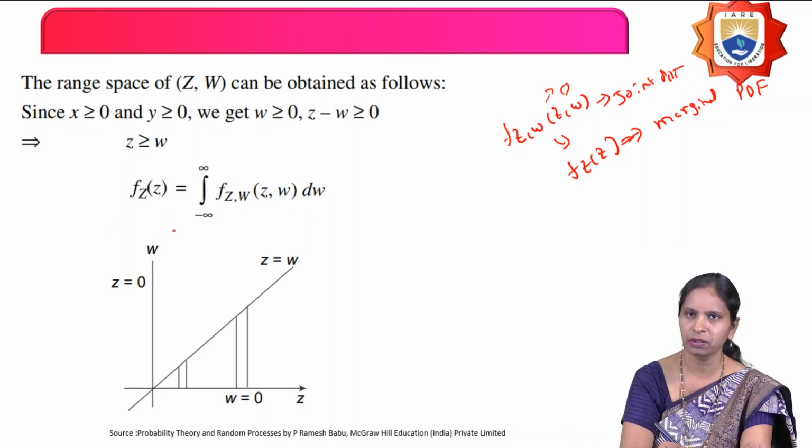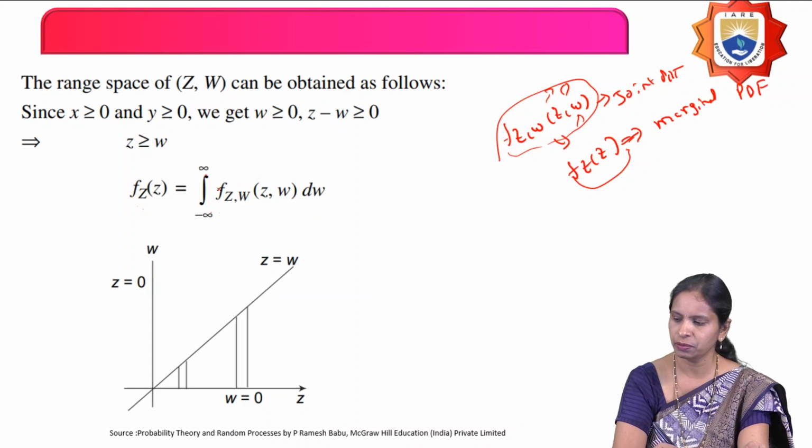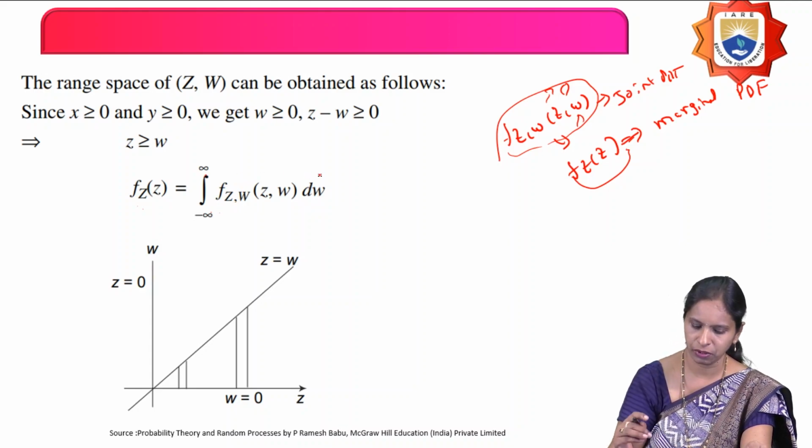To get the marginal density function of z, you have to integrate the joint density function with respect to w over the interval minus infinity to infinity. Therefore, f_Z(z) equals the integral from minus infinity to infinity of f_ZW(z, w) dw.